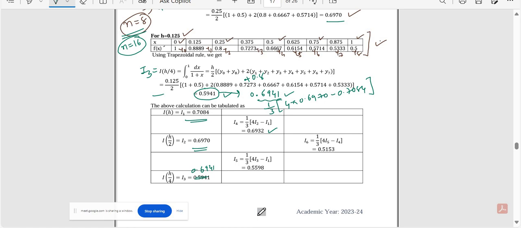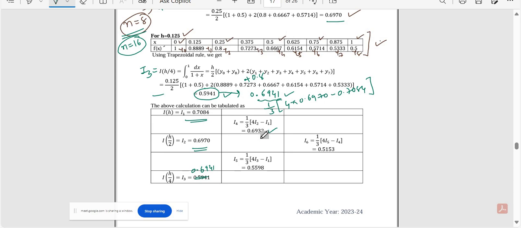Sir, the I3 value comes out as 0.756625. No, it is wrong. I hope this is the correct value. Please check once again. It is 0.6932.